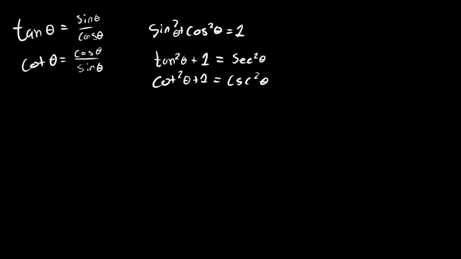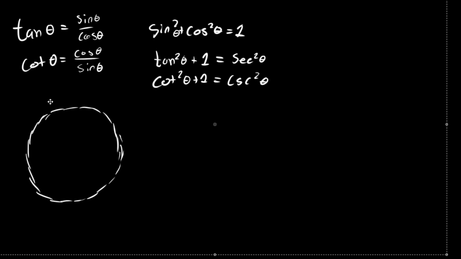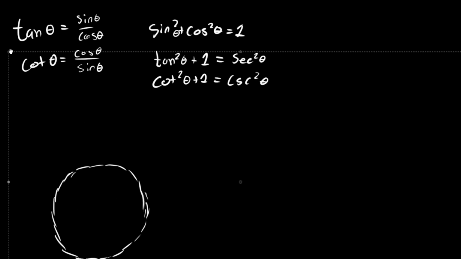Well, first we're going to want to draw a unit circle. And here, let me draw a unit circle. Okay, and then go ahead and move it around a little bit. There we go. Probably going to make it a little bit bigger.